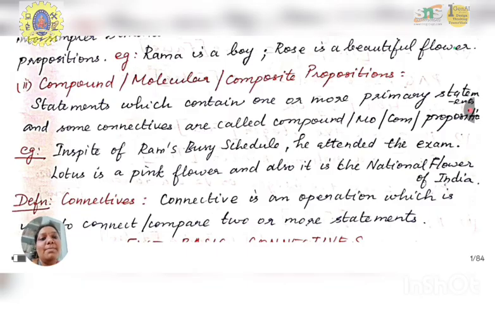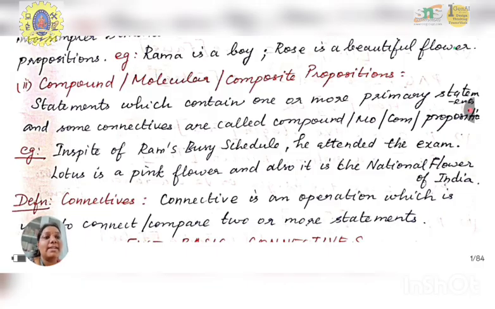The next example is: lotus is a pink flower and also it is the national flower of India. Here we can split this into simple sentences. Lotus is a pink flower, that is one sentence, and the second one is lotus is the national flower of India.